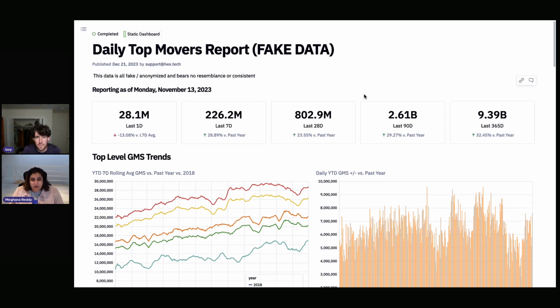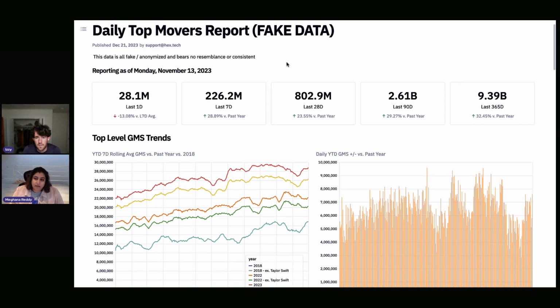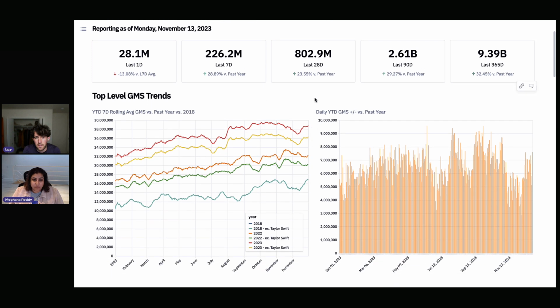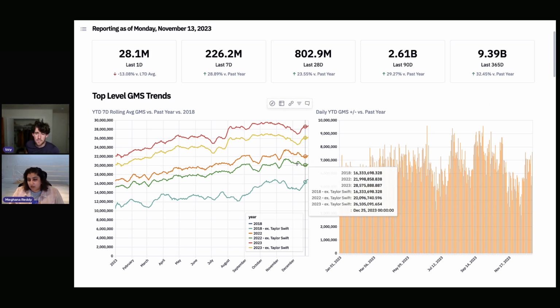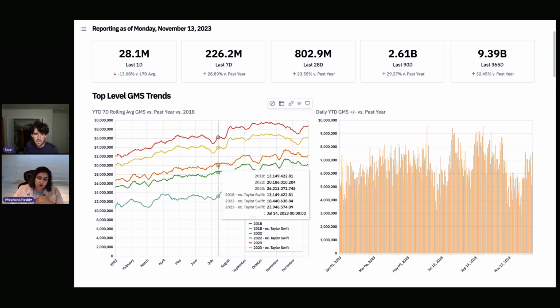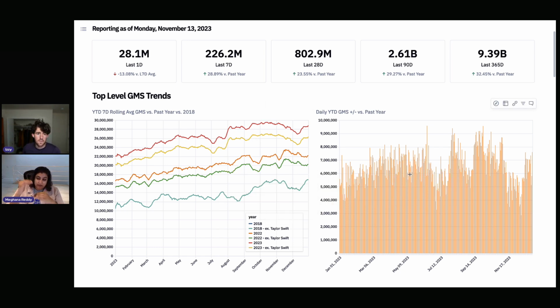So across the top, you can see the big number object type, just showing movement over different look back periods. And you can also see some trend charts, as well as, in this case, it's all positive, but the idea of this chart on the right is that you're able to see on a daily basis if you're up or down year on year.